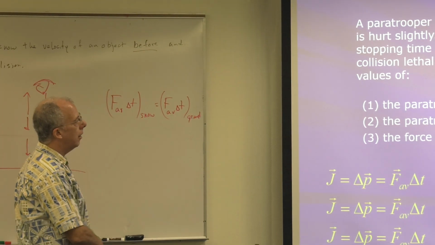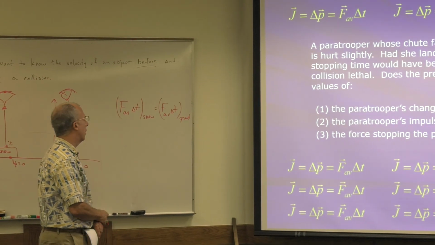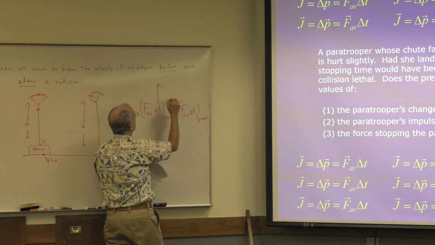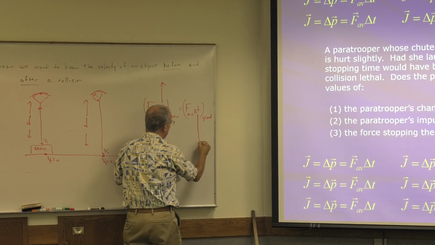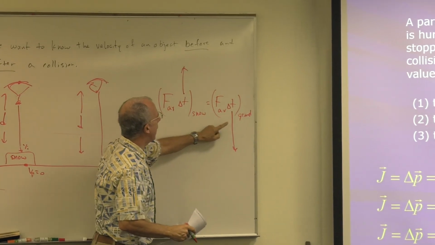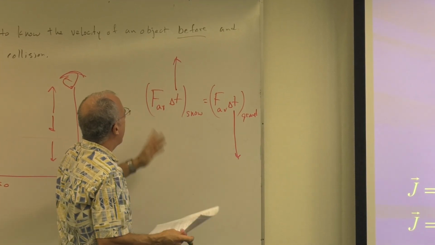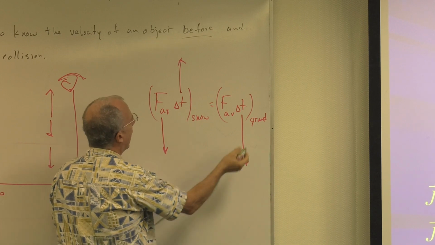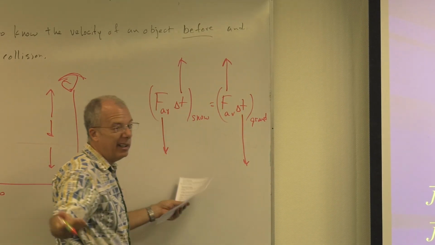It says, had she landed on bare ground, the stopping time would have been 10 times shorter. So in other words, for the snow, the delta T is large. For the ground, the delta T is small. Well, remember, that times that has to equal that times that. Well, how does that happen? Simple. It means that this force is much, much less than this force, right?